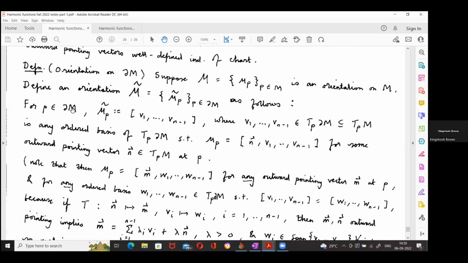If P is a point in boundary M, then we define mu tilde P to be the equivalence class of an ordered basis V1 to Vn minus 1, where V1 to Vn minus 1 is any ordered basis of the tangent space of boundary M, such that the given orientation on M, mu p, this is an orientation on TPM, should be equal to the orientation given by the ordered basis n comma v1 up to vn minus 1 for some outward pointing vector n at P.